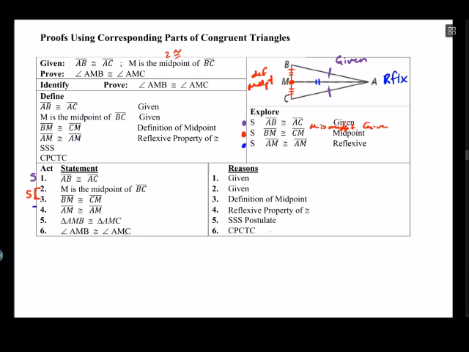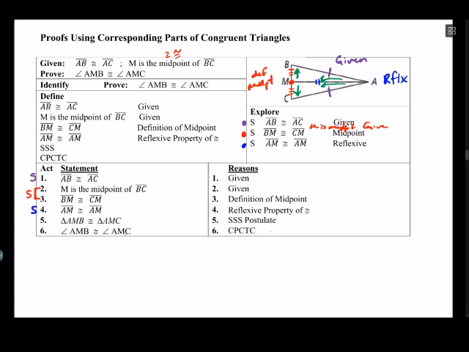And then our third side is the reflexive property of congruence, and that lets us say that triangle AM, we go down the common side here and over to B. So we're going to go down the common side and then over to C. So AMB is congruent to triangle AMC.